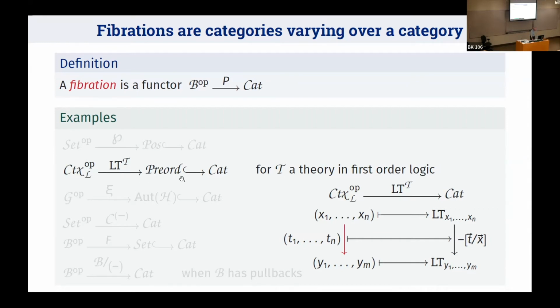I'm marking here it's a pre-order because in the Lindenbaum-Tarski algebra there is an induced relation, which is a pre-order, which is reflexive and transitive, which says that a formula comes before another formula when, in the theory T, I can prove that the formula in the first position yields the formula in the second position.